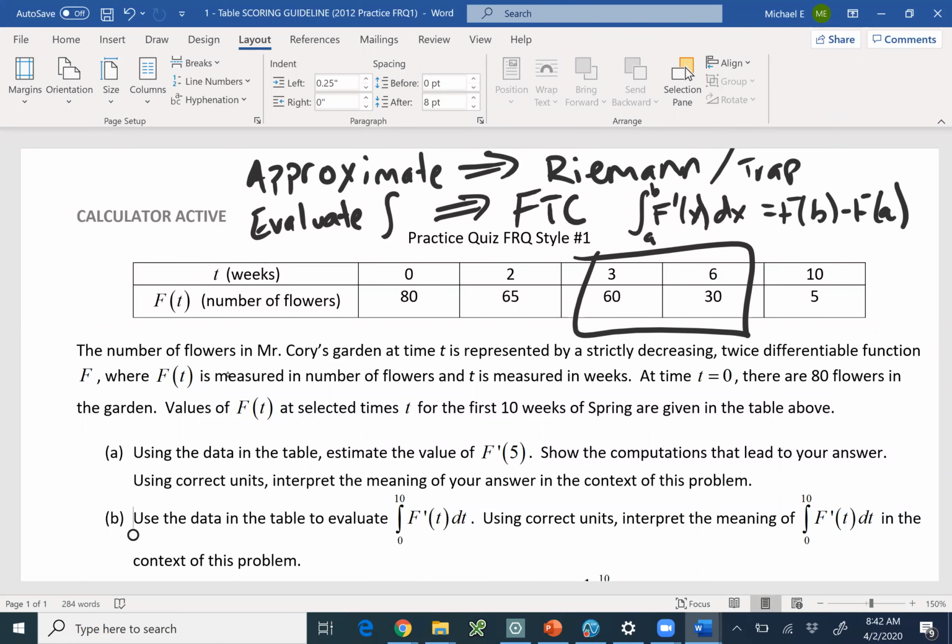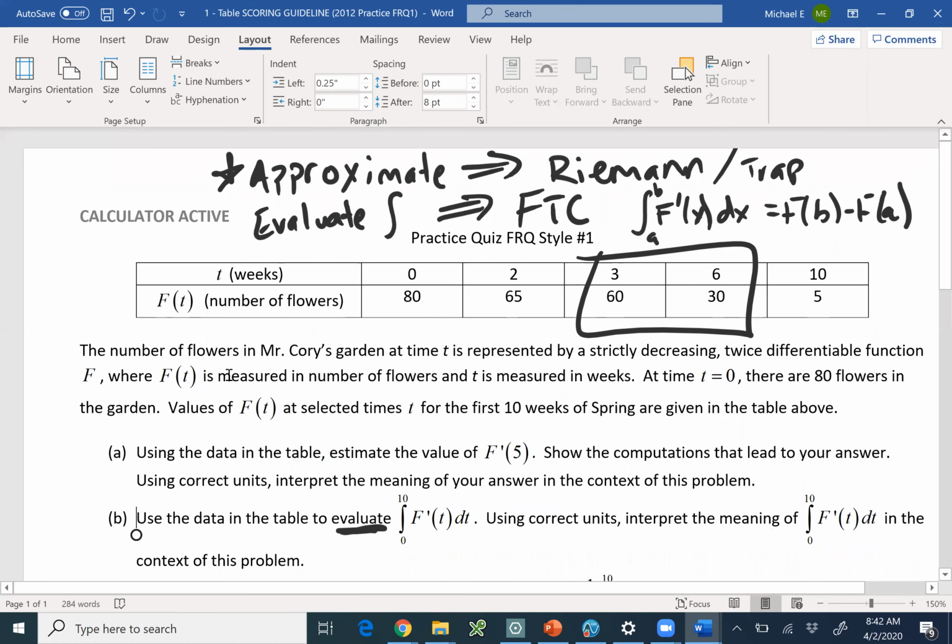For derivatives, we just have one rule. We did it in part A, y2 minus y1 over x2 minus x1. Now, the Riemann sum one is a lot more common, but we still need to know both. So B says using the table evaluate. Evaluate is different than approximate. Evaluate means an exact answer, which is what we have here.